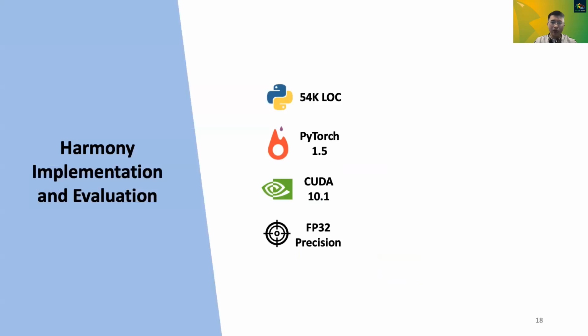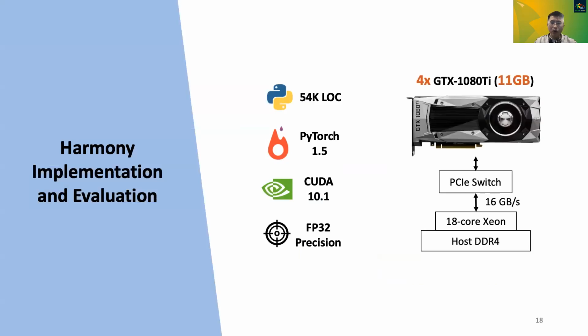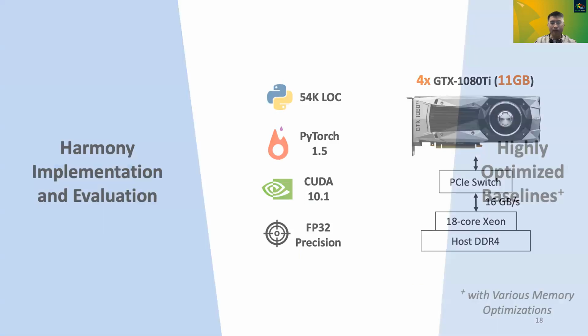We implement Harmony with pure Python code on top of PyTorch. We evaluate Harmony on commodity servers with 4 gaming GPUs. Note that our collective GPU memory capacity is far less than the memory footprint of massive models. We compare with 4 highly optimized baselines.